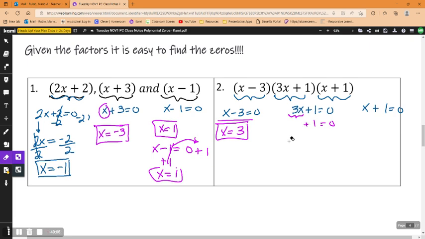Well, if I've got a +3 and I want to turn that into a -1, I'm going to multiply by -1 over 3. So when I do that, look what happens. These 3's cancel out, and I'm left with -1. So x must be -1/3.